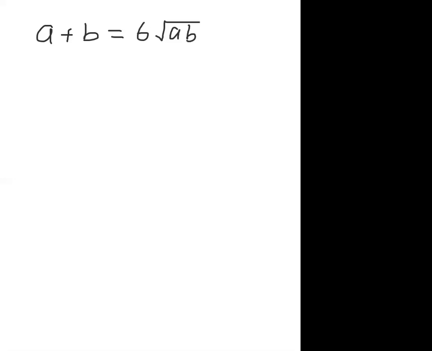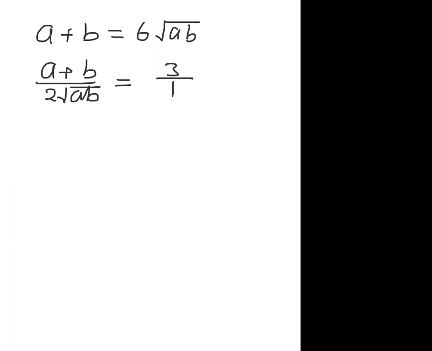Now we are going to divide both sides by 2 root AB. A plus B upon 2 root AB is equal to 3 upon 1.